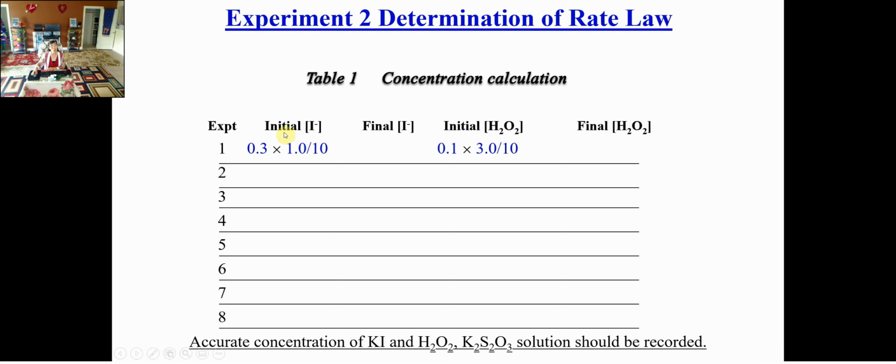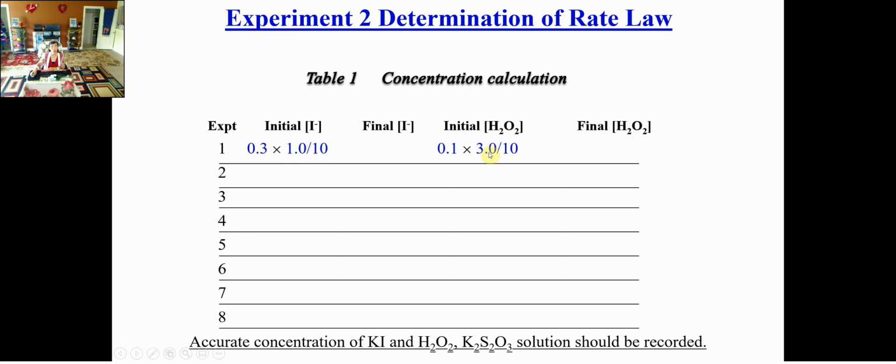So the stock solution we gave you, you are going to do the dilution. You take a certain amount of your concentrated iodide, you dilute it to say 10 milliliter, 20 milliliter, etc. If you have 0.3 mole per liter of your iodide, you take 1 milliliter, dilute it further to 10.